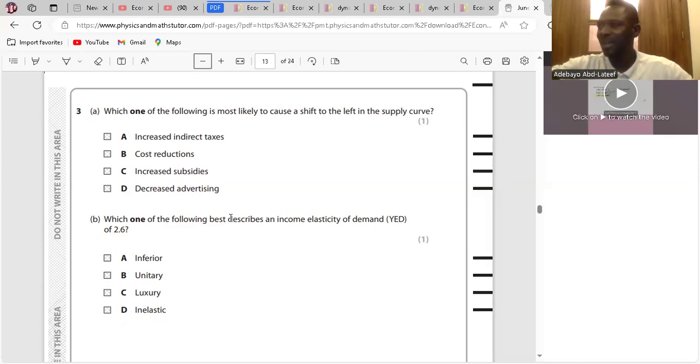It will shift the supply curve rightward. But most of the time, decreased advertisement might bring about reduced awareness, reducing the quantity demanded. So advertisement is mostly linked to demand. So it is not D. And B and C will shift the supply curve rightward. Okay.